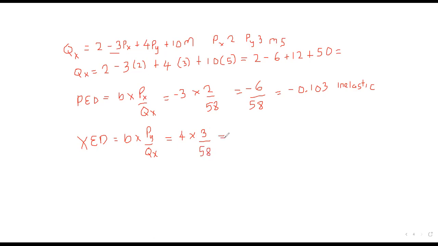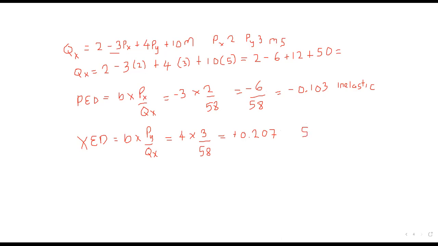So what are we getting? When you divide, we get what? 0.207. Can somebody comment? What is your comment on this? What kind of good is this? It's a substitute good.